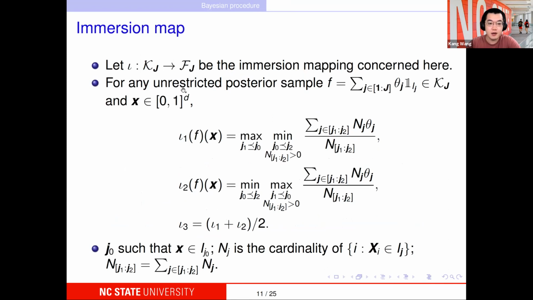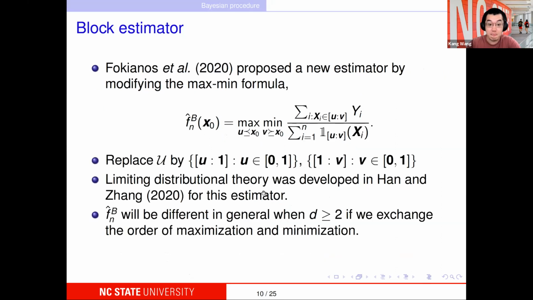So we define the immersion mapping, but not the projection, from K_J to F_J, and we denote the map by iota. We consider three immersion maps here. The first one uses the max-min formula, and the second one is min-max.